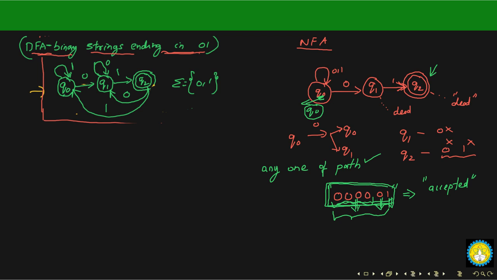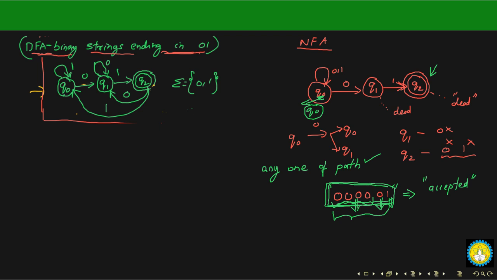So the idea of acceptance is completely different in an NFA. You can try all the possibilities, all the paths, and if you find any one path through which you can reach the final state, then we say that the string is accepted by that NFA.